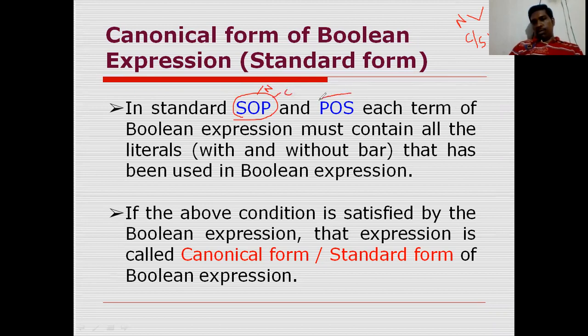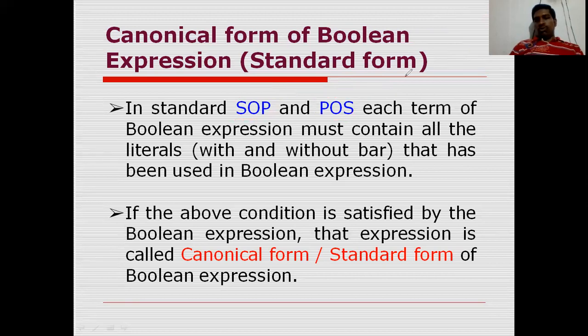Likewise, a POS expression can also exist in two different ways: a normal POS and a standard POS or canonical POS. Please remember that an expression, either SOP or POS, can exist in two different forms. The first is a normal form, and the second is a canonical form. Canonical form or standard form, both are the same, right?